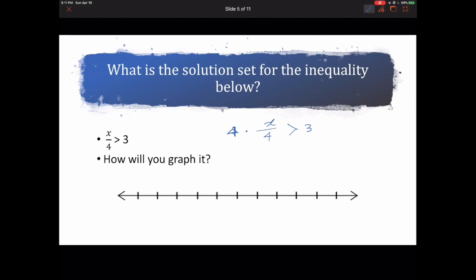That's what it means to do the inverse in the case of division. I'm going to write it right here: multiply by the reciprocal. The reciprocal means flip of the fraction.